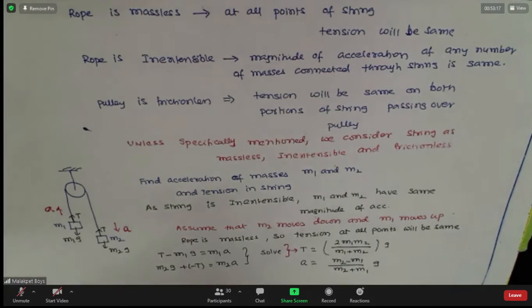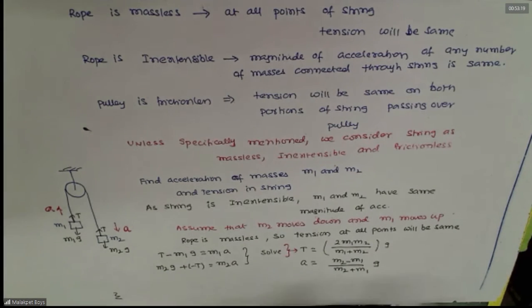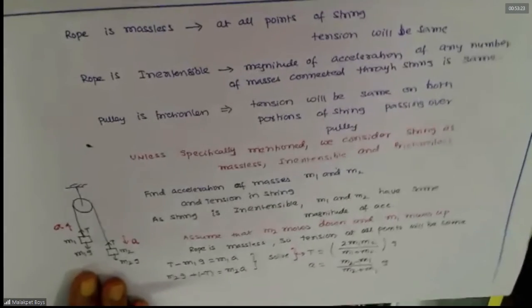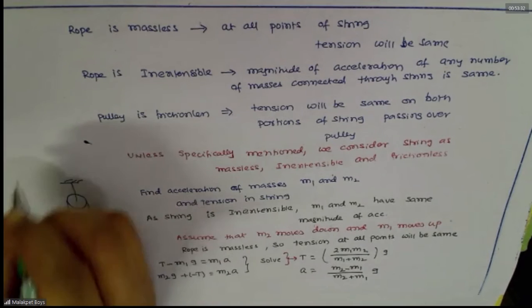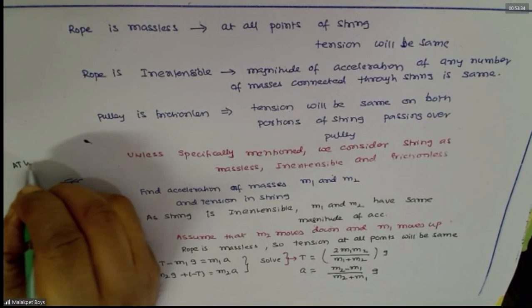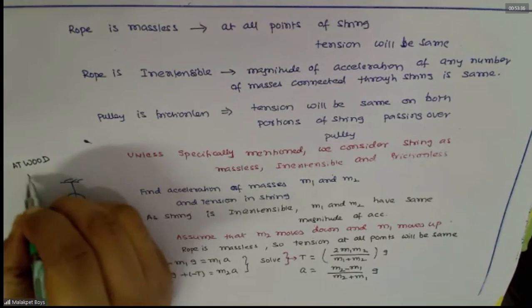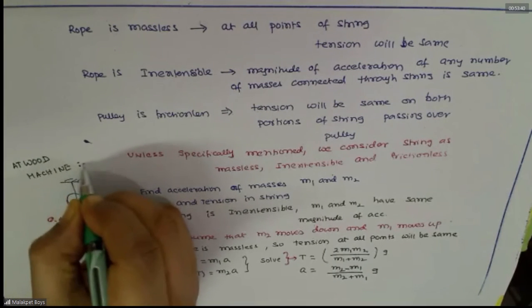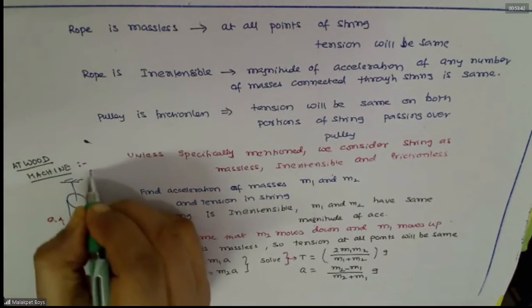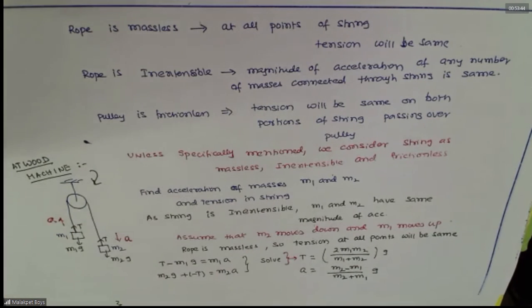One minute, sir. See, this is usually called the Atwood machine. Don't think the Atwood machine is something else. The oldest mechanical device to lift masses is this one.